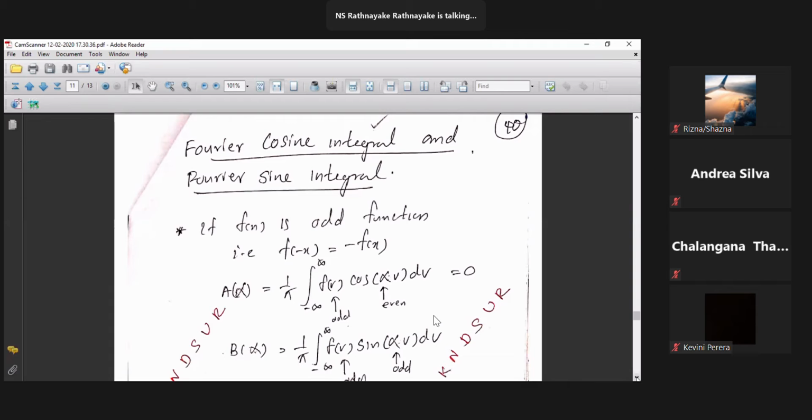So just try, because you learned the Fourier integral coefficients, or maybe you found the Fourier integral coefficients of some examples last day.